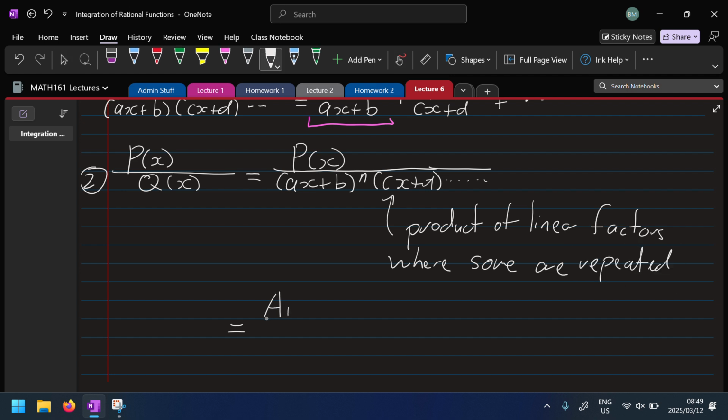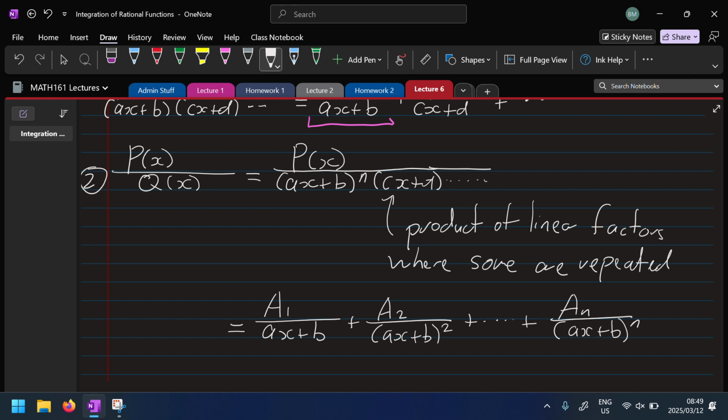We're going to have a1 over (ax plus b). That's the first one. Then plus a2 over (ax plus b) squared. That's for the second one. And this is repeated n times. So we continue this process n times. So this will be plus dot dot dot plus an over (ax plus b) to the n.